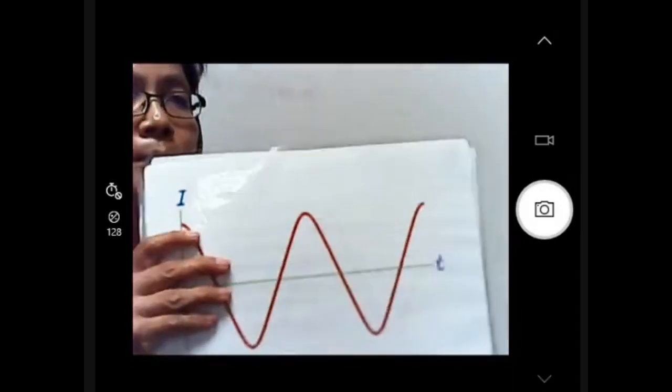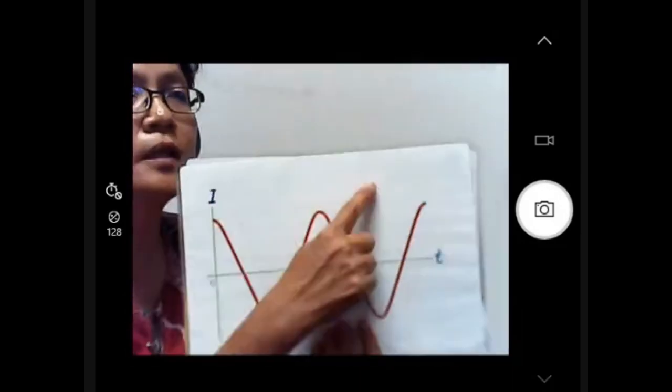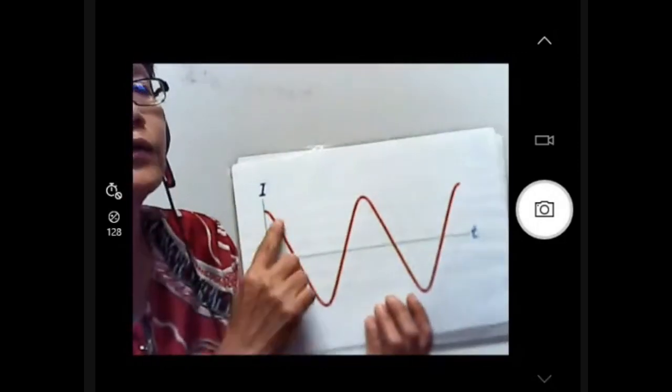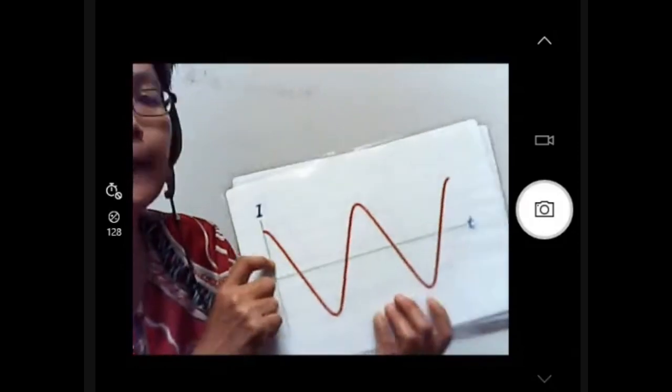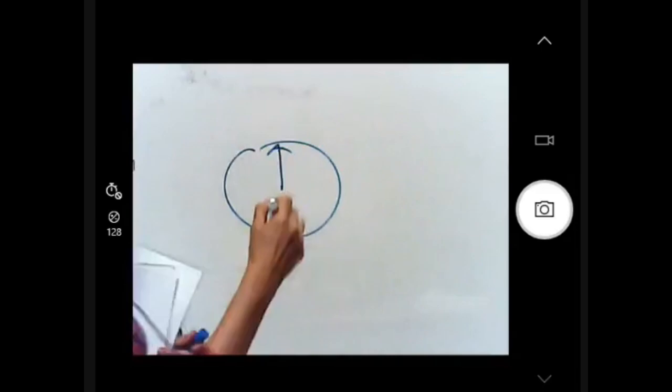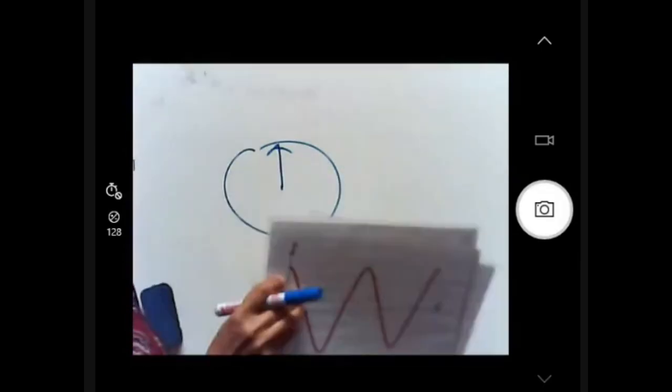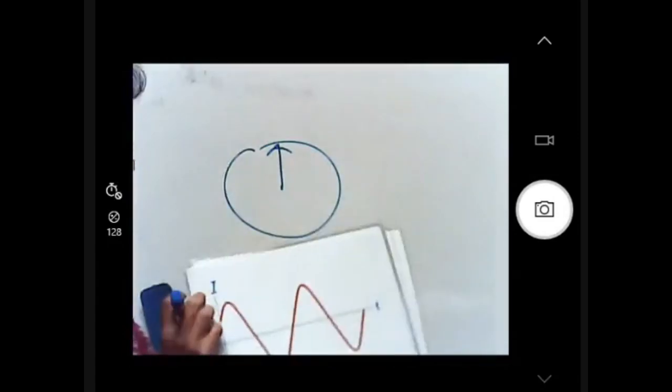Okay, so we will have a few types of outcome. For this graph, the phasor, the vector, is at this position initially, isn't it? Then it will produce a cos graph.